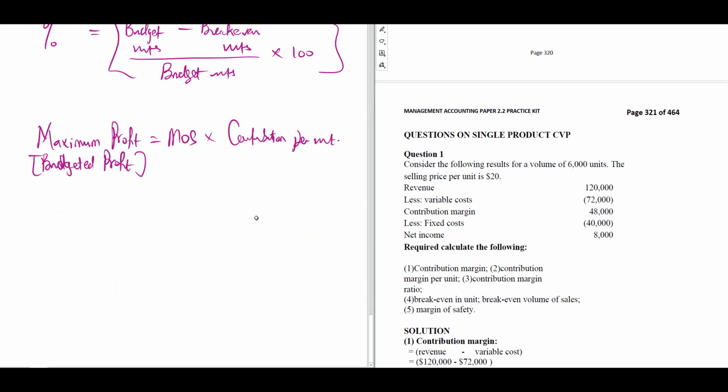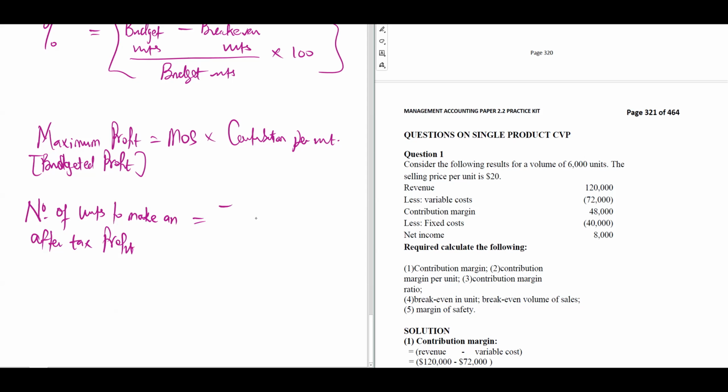Yes, sir. Okay. Now, the next thing I want to talk about is where they give you after tax. Let's say they ask you to find the number of units to make an after tax profit.